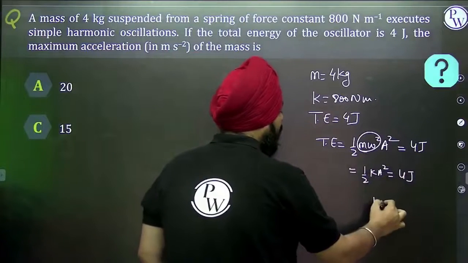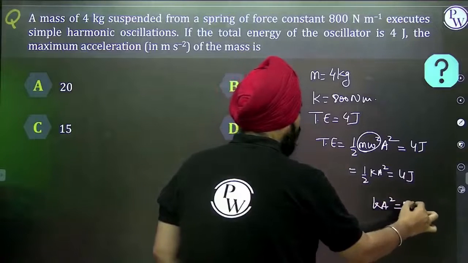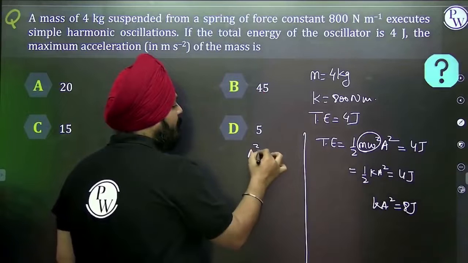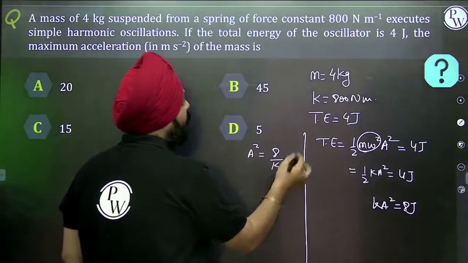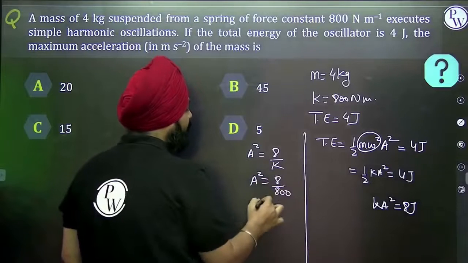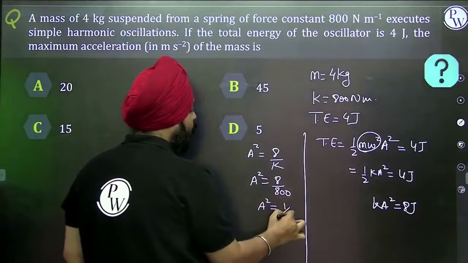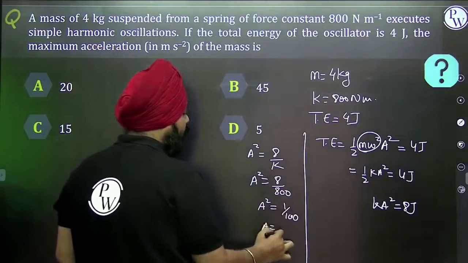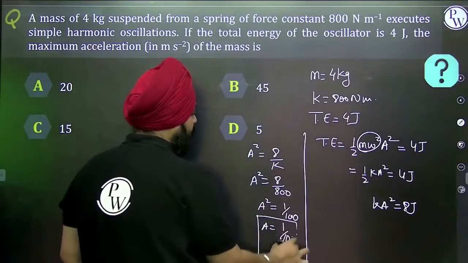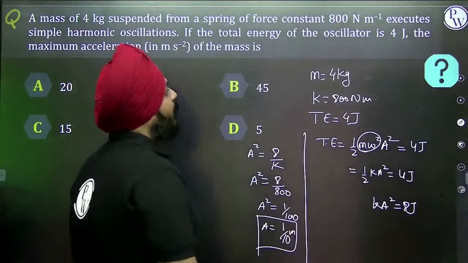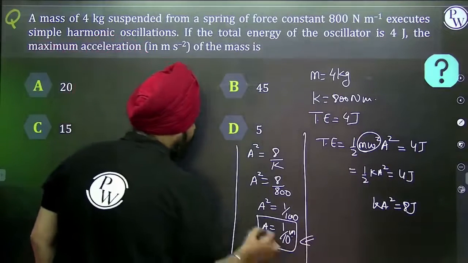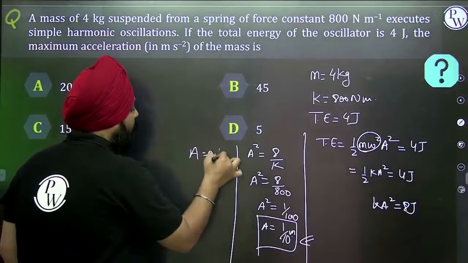So k A² is equal to 8 joules. So A² is 8 by k, that is 8 by 800, so A² is 1 by 100. Amplitude is 1 by 10 meter, or 0.1 meter.